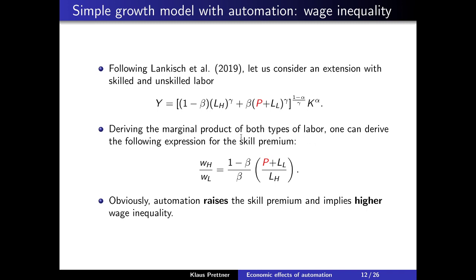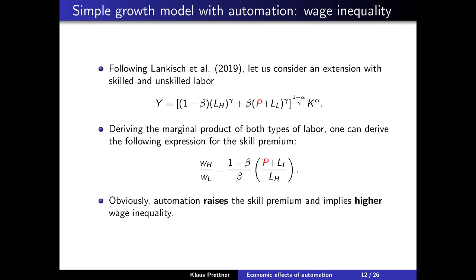For this, we can again derive the production factors' remuneration, the wages of high-skilled workers and the wages of low-skilled workers. But since these expressions are comparatively long, I omitted them here and just present the skill premium, which is the wage of high-skilled workers divided by the wage rate of low-skilled workers. And we see here again that this increases with the accumulation of automation capital.